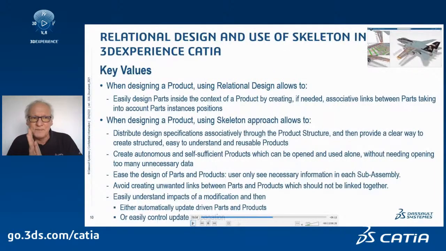And now to finish, I think relational design and use of skeleton is just a must. When you design a product using this approach, you can easily modify the part position. You can easily pass a top-down design change to the very last part of your big product. You can easily distribute specification. You can easily take a part and change its context. You can easily reuse products, put them in another root context.